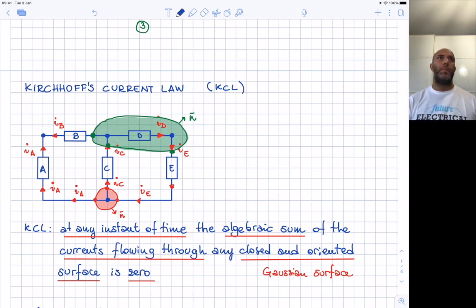For example, applying the Kirchhoff current law to the green closed surface may help us in solving the circuit without calculating ID that does not appear in the Kirchhoff current law.